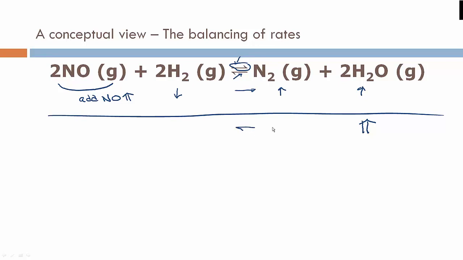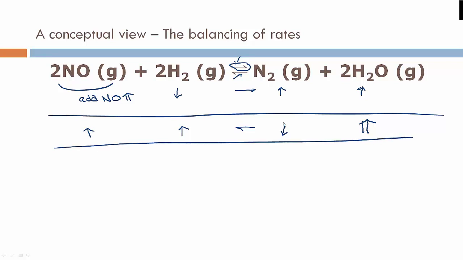What does that cause to happen? That'll cause a shift towards the left for the chemical reaction. So N2, if the reaction is shifting left, N2 will have to go down, H2 will have to go up, and NO will also have to go up.